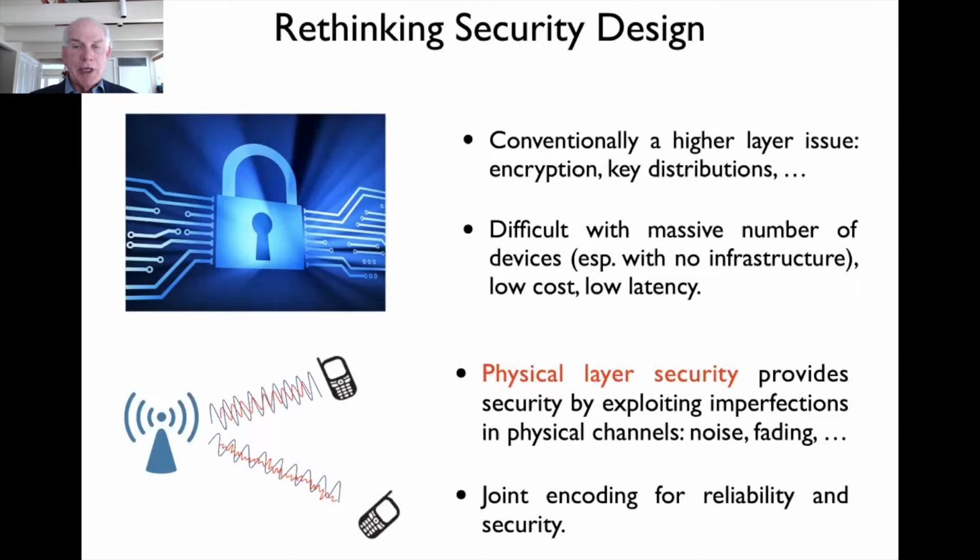Now, if you have a massive number of devices, low cost, low latency, with little or no infrastructure, this approach breaks down. So physical layer security is a way to get to security by exploiting imperfections in physical channels like noise, fading, and so forth in order to provide a layer of security.